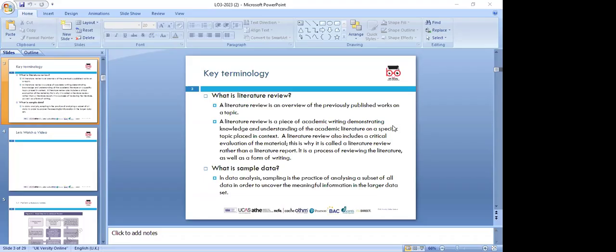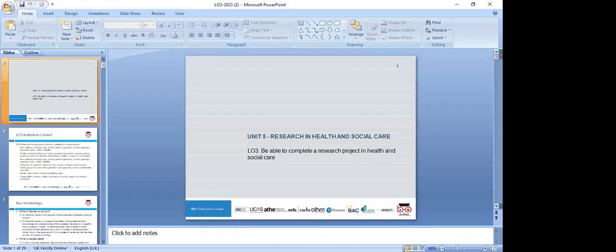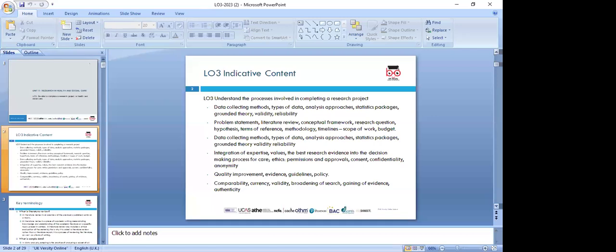So we won't dive much into it because we've had extensive chats about literature review and other discussions on methodology.